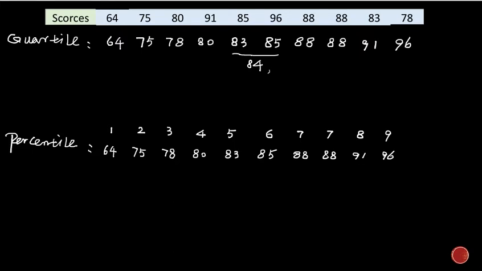So this one is the middle value of these 5 data. So this is the first quartile.